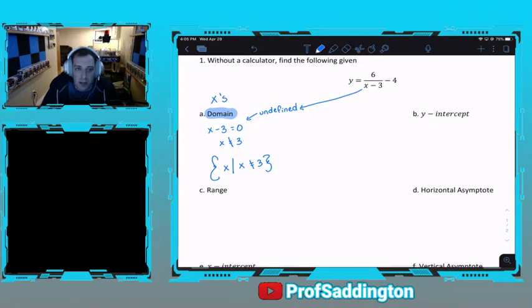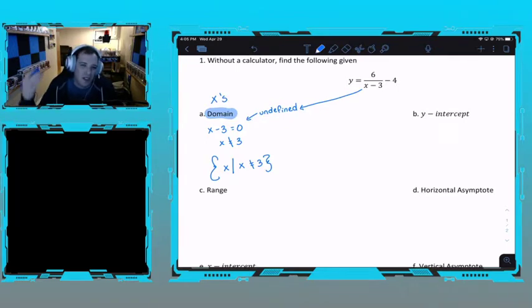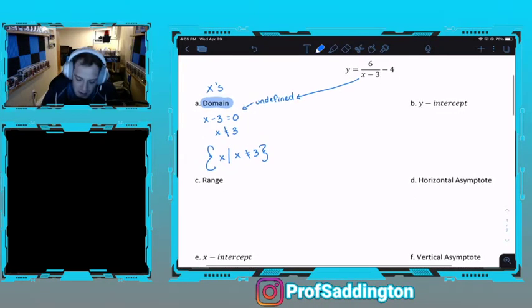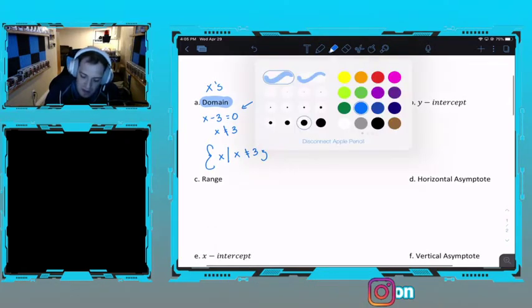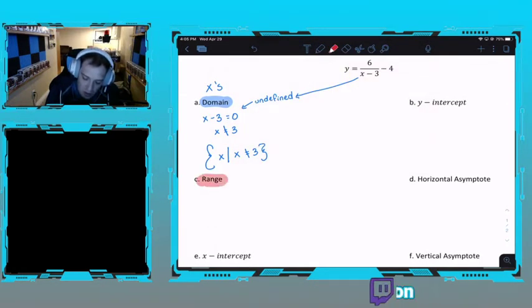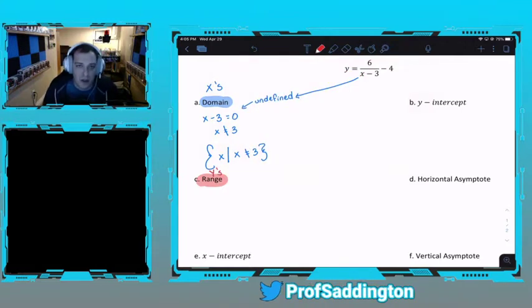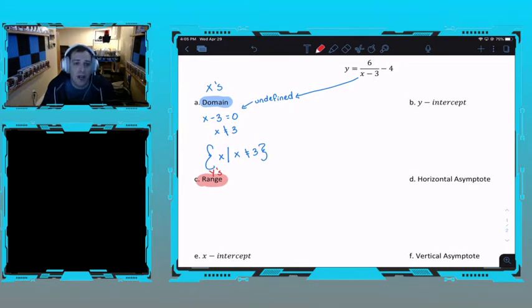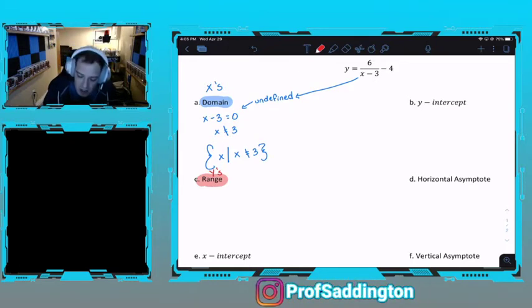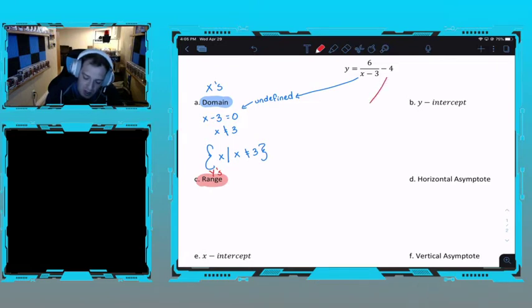The next part, I'm going to jump down to part C because domain and range go together. The only difference is range is working with the y's. And when I did this lesson with you guys, when we saw a function that looks similar to what we have now, we can find the y value that doesn't work by looking at the number that comes at the end.